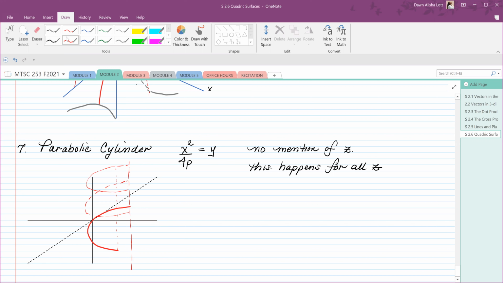So it's just that line shouldn't come over there. So it's just a sheet. Okay, so it's a parabolic sheet.